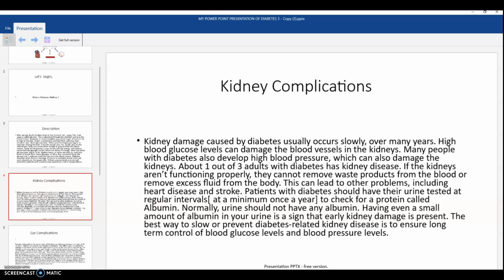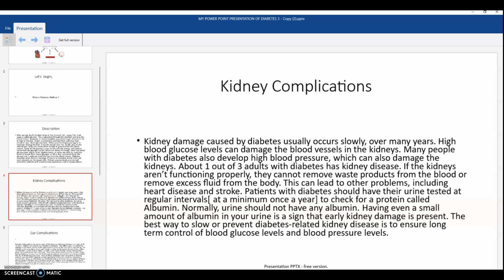So patients with diabetes are recommended to test their urine at regular intervals, probably once a year, to check for albumin.